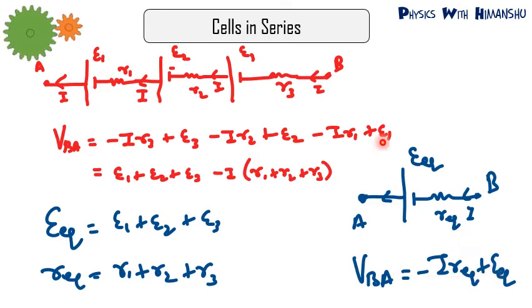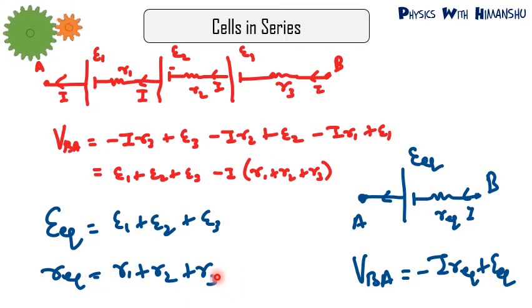Now we have reduced this circuit to this circuit. The current will be the same because we are just reducing the circuit. So if I compare this and this equation, the equivalent EMF when cells are in series is E1 plus E2 plus E3, and R equivalent will be R1 plus R2 plus R3.